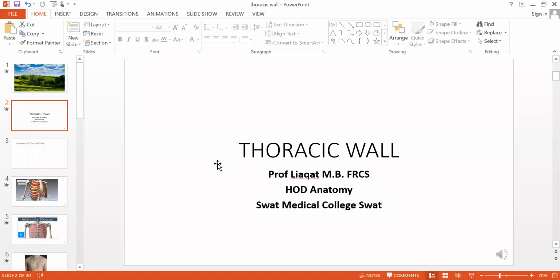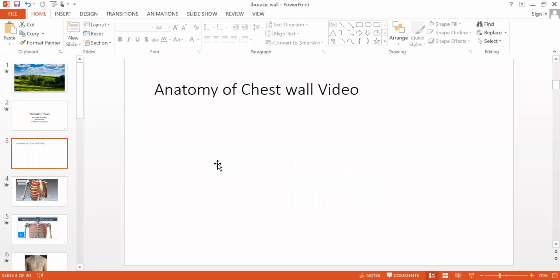I'll go now to the video just to orientate you, then I'll go a bit further. But before the video, you should understand that this wall has a central bone that's called the sternum. And the sternum has three parts.